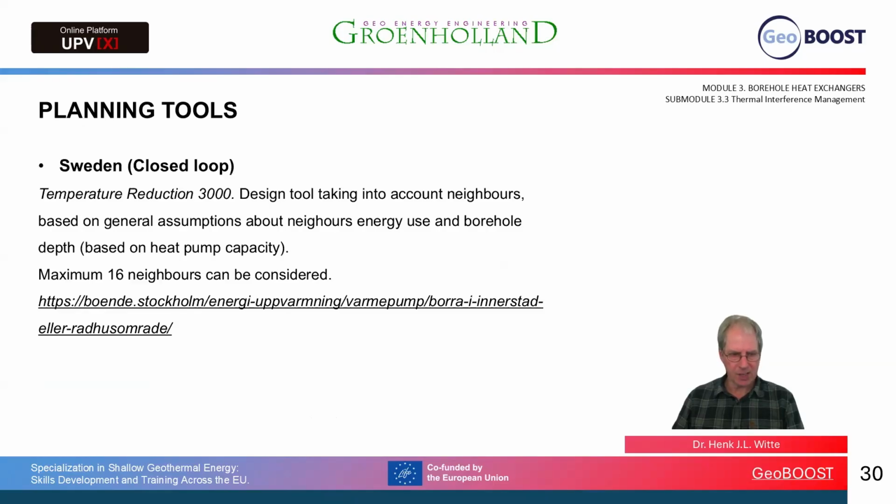In Sweden, there is a slightly different approach. It's called Temperature Reduction 3000. It has been developed for the Stockholm area, where there are many closed loop systems available or realized, and further optimization can be done using this tool.